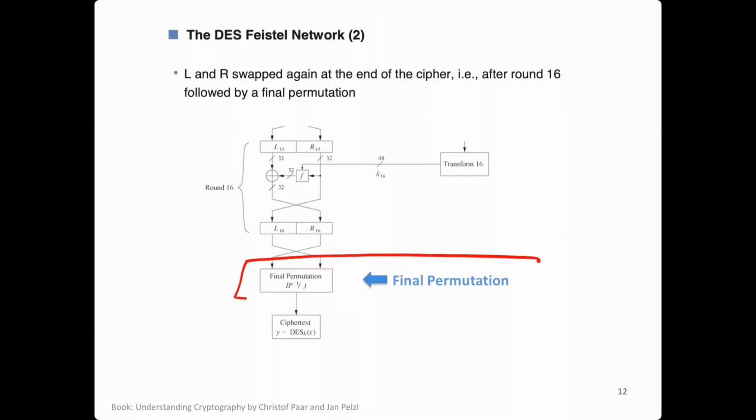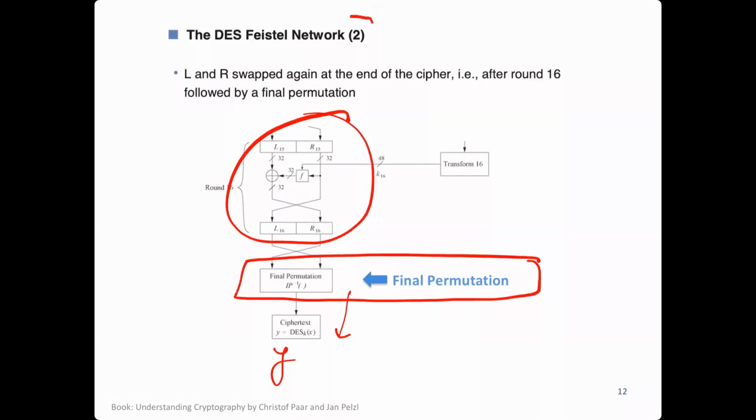After the 16 rounds are over, we do this final permutation, and then we have the ciphertext, which is Y. Any question? No? This is what we studied yesterday, and this network or functionality we call a Feistel network.